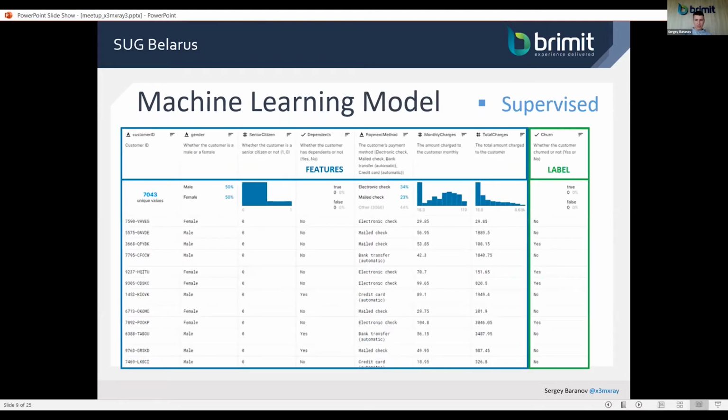For example, in the case of customer churn, as you can see, we have a lot of columns with information about our customers. It's some aggregated data from our historical data set, and we must have one column in which we mark which of our customers is a churn and which is not.